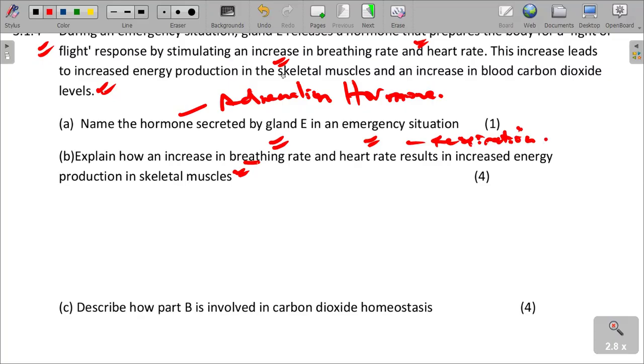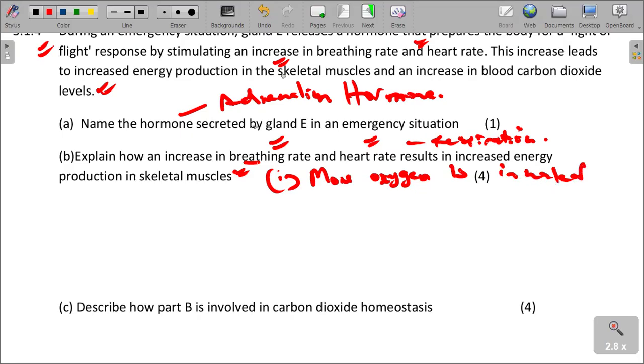When there is an increase in breathing, more oxygen is taken in. More oxygen is inhaled when there is an increase in breathing.